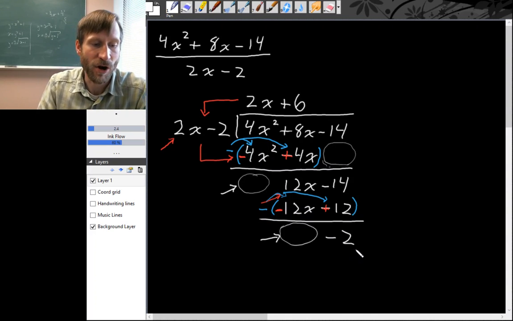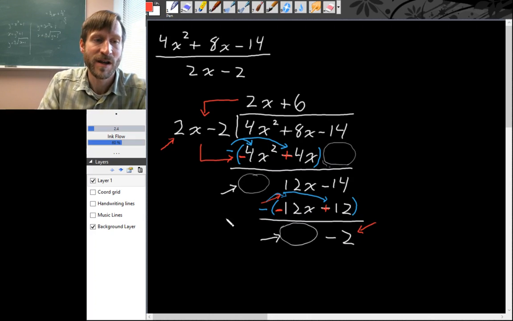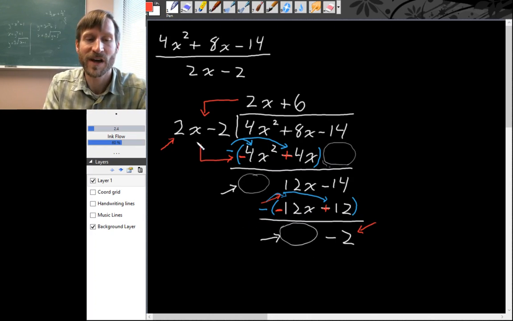And now we check again, are we done? To check if we're done, we look at our remainder, negative 2. The degree of this remainder is 0 because there aren't any x's there. And the degree 0 in our remainder is smaller degree than our divisor. So that means we're done. So now we can write our final result.